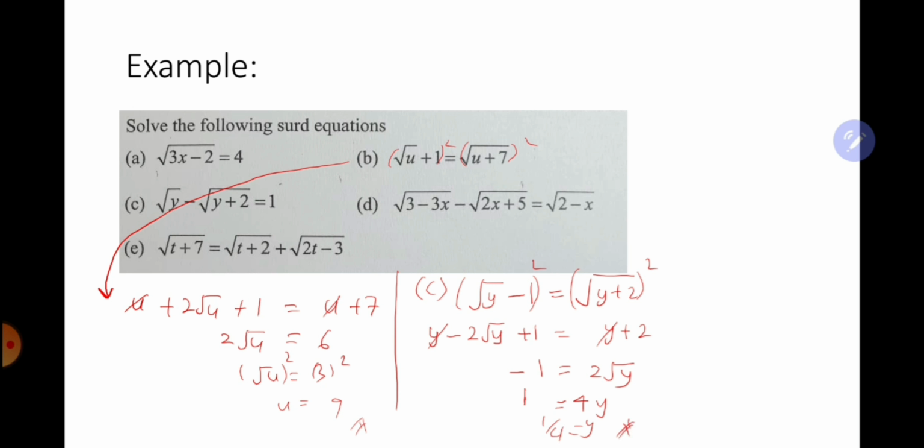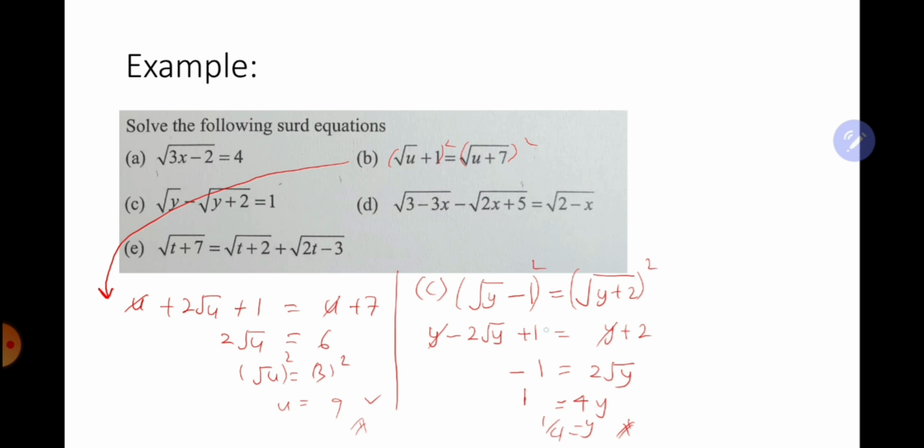I lupa, we really have to check or plug in our solution inside our original equation. For B, you will get u equals to 9. So square root of 9 is 3, plus 1 is 4. On your right hand side, you're gonna get 9 plus 7, 16. Square root of 16 is 4. So 4 equals to 4, so it satisfies the original equation.